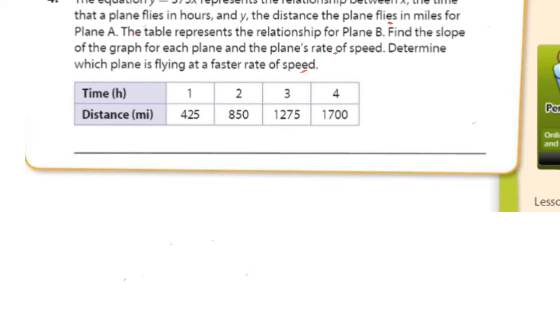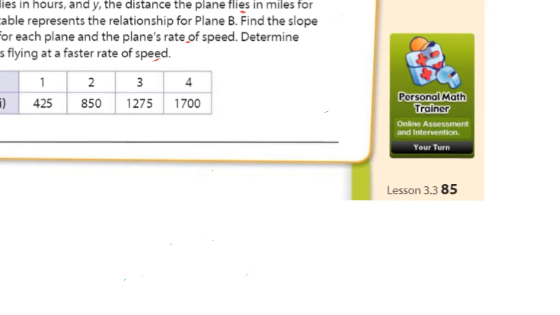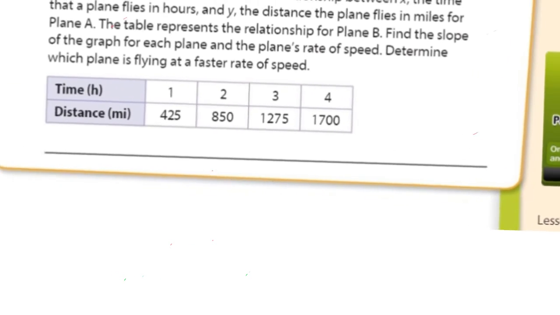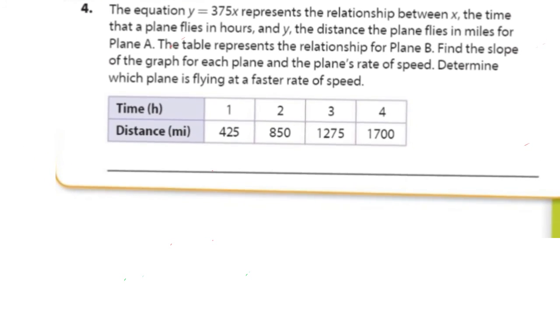So the next type of problem you're going to see is the same type of problem that we had on page 85 in your textbook. This problem was also something that you had for a homework assignment, and then we went over it the next day. So real quick review here.